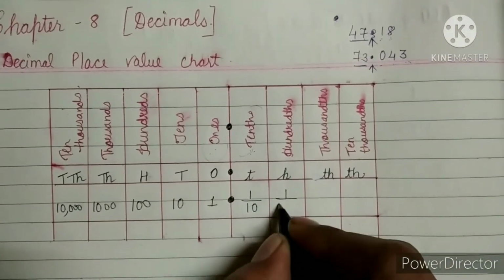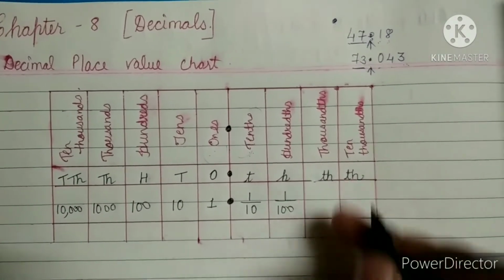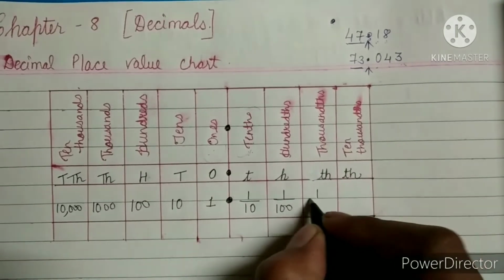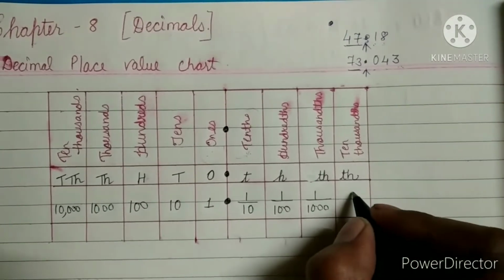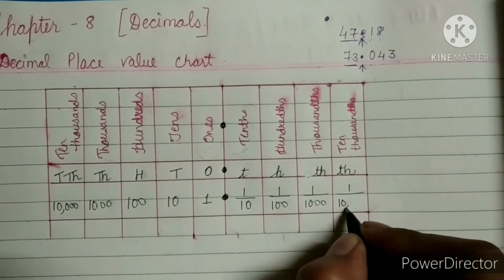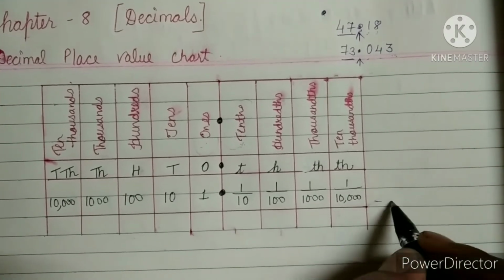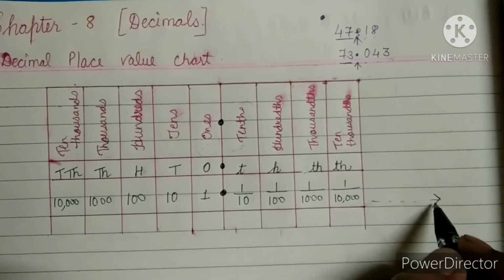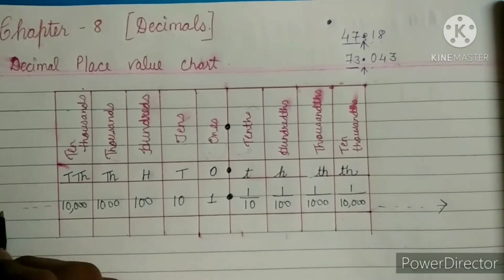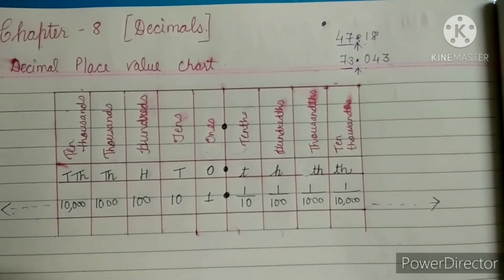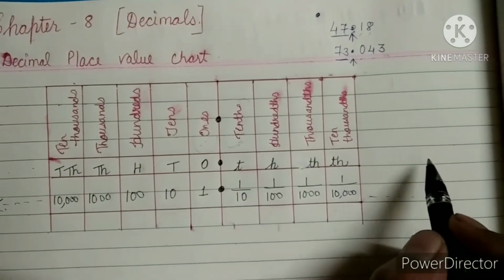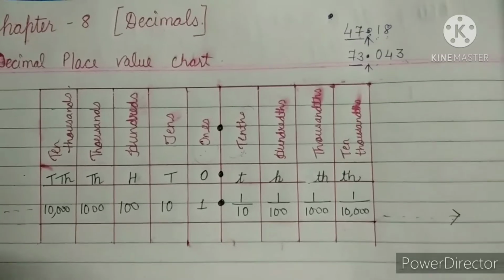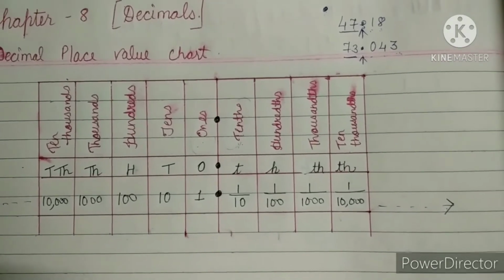It means 1 is divided by 100. Thousandths means 1 is divided by 1000. And 10,000ths means 1 is divided by 10,000. It goes on in the right direction, and in the left direction it goes lakh, 10 lakh, crore, 10 crore. Same here we can go after the decimal places.